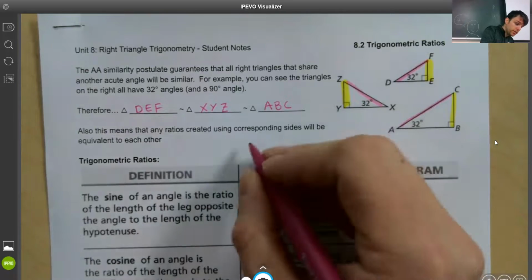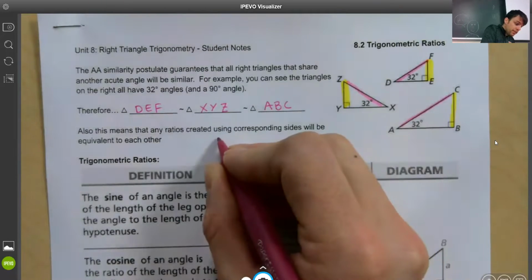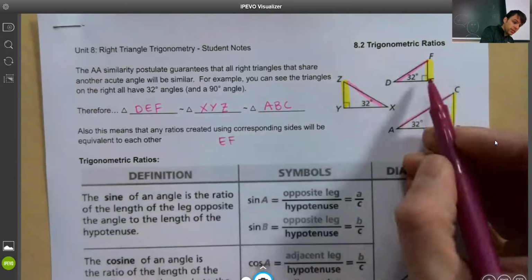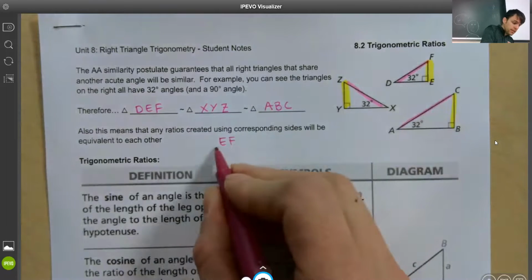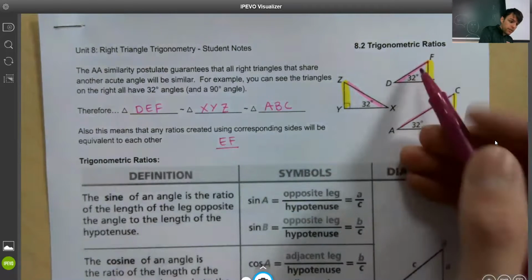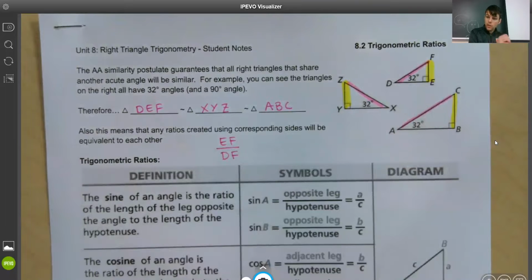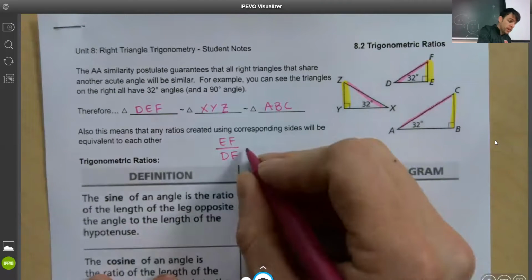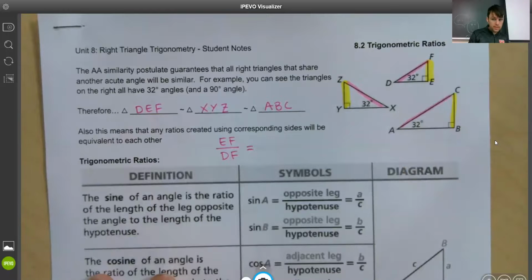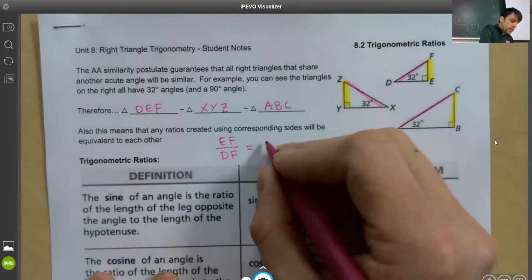So what I'm talking about is if we take the length of EF, which is this side up here highlighted yellow, divided by the length of DF, this will be equivalent to the other two ratios using the same sides in the other triangles. This is the foundation, the basis of trigonometry.